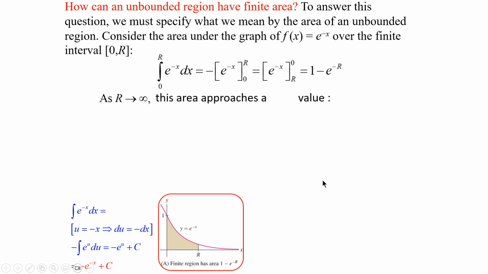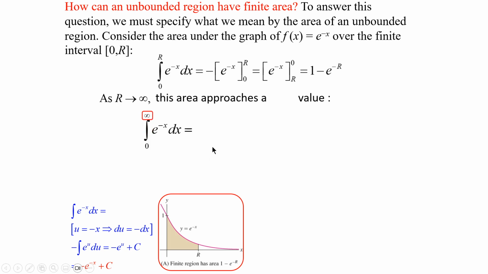Bam. As r approaches infinity, this area approaches a finite value, but if you look closely, that's an unbounded region because we're never going to get to the x-axis. So let's show it. I'm going to go 0 to infinity of e to the negative x differential of x.